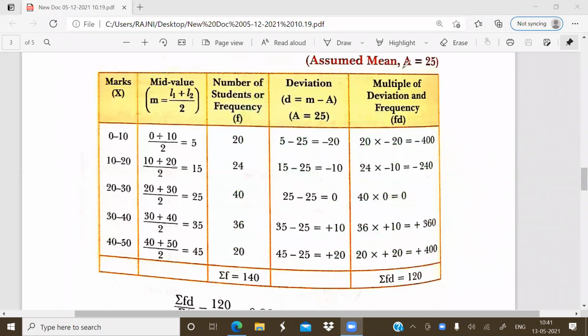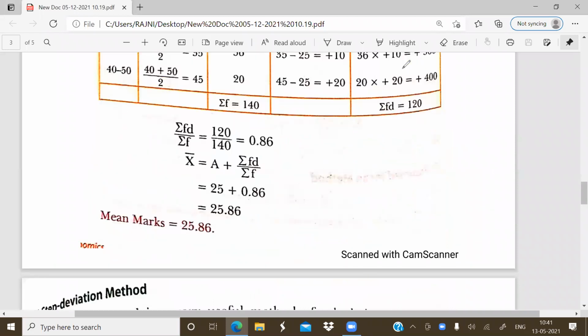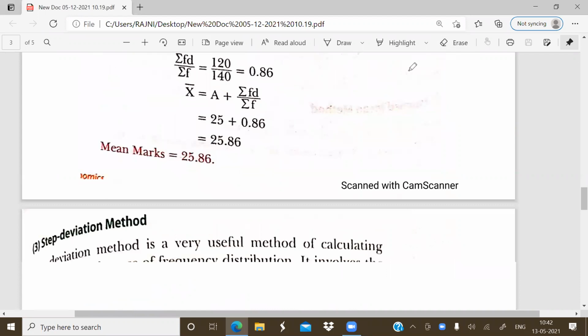After that, put it into the formula. Sum of FD divided by sum of F is equal to 0.86. Simply, x bar is equal to the assumed mean, 25, plus sum of FD over sum of F, which is 0.86, so 25.86. This is the simple way to calculate the arithmetic mean in the case of the frequency distribution series using the assumed mean method.